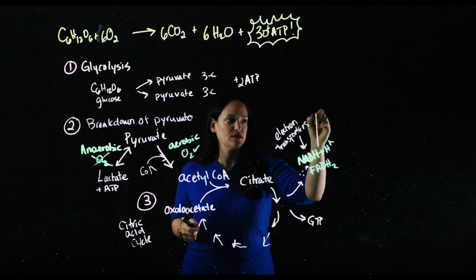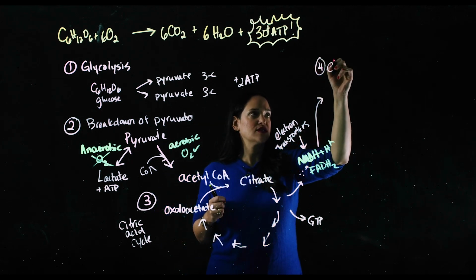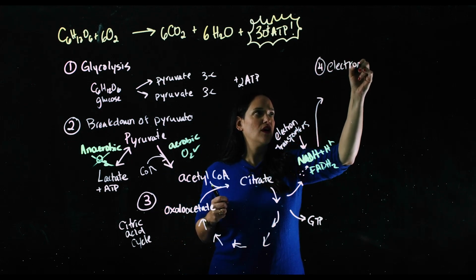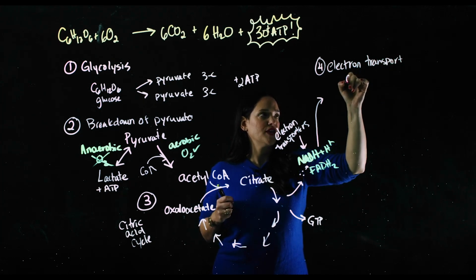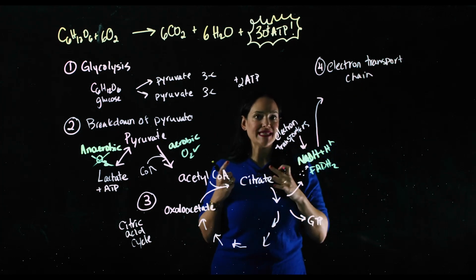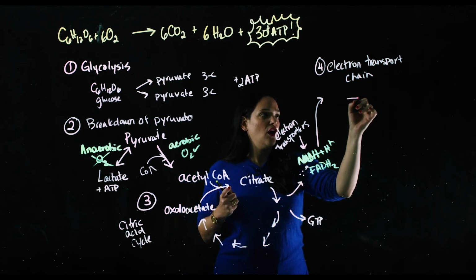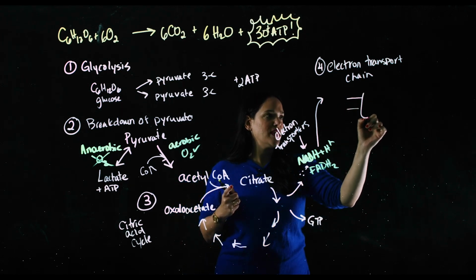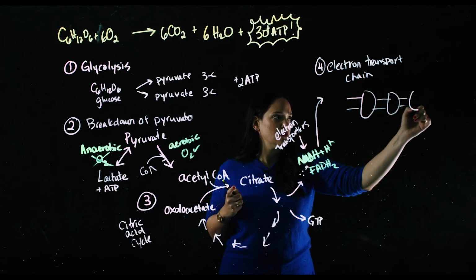So here we go to the last stage. Okay, so stage 4 of cellular respiration is something called the electron transport chain. And this happens at the membrane of the mitochondria of the cell. Okay, and along that mitochondrial membrane, we have all these membrane-bound proteins.